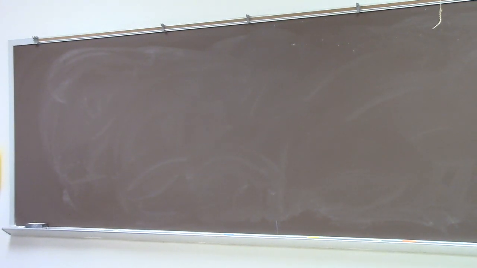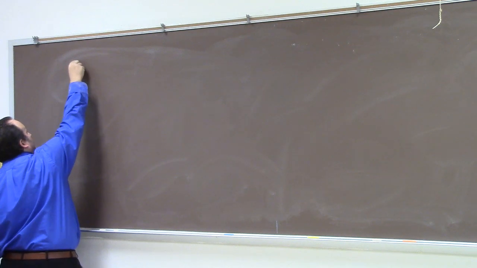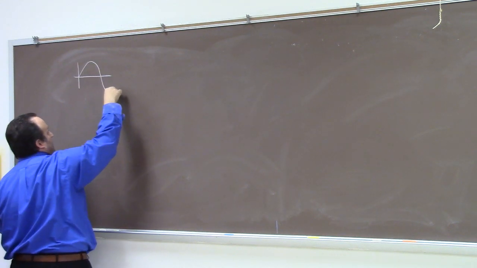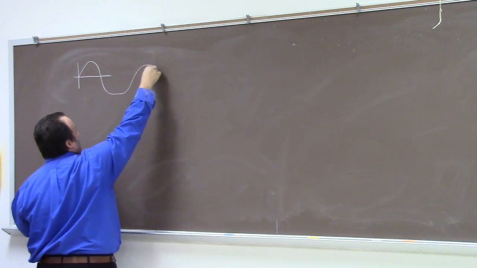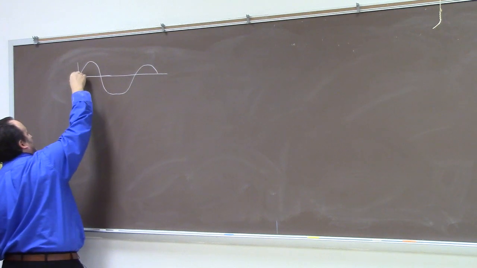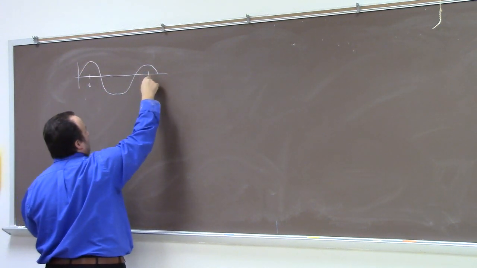So I've talked about the fact that, you know, if we have the function, right, and it looks like this and like that, right? And suppose here's A and here's B, whatever.